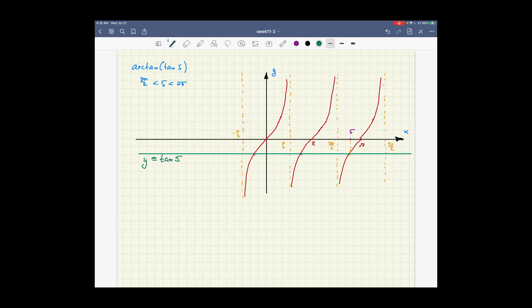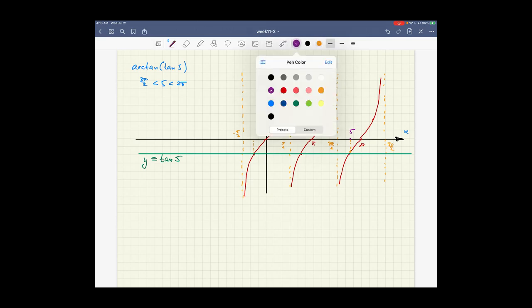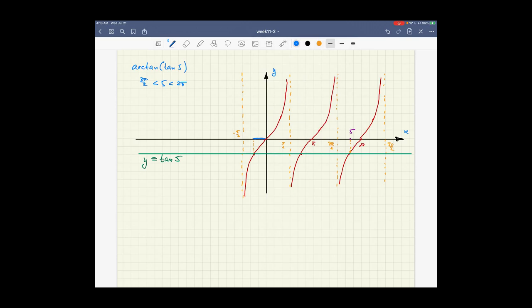So the desired answer is this distance. This here is arctangent of tangent 5. So how do we find it? That is the question.